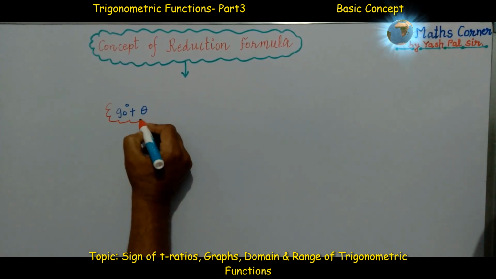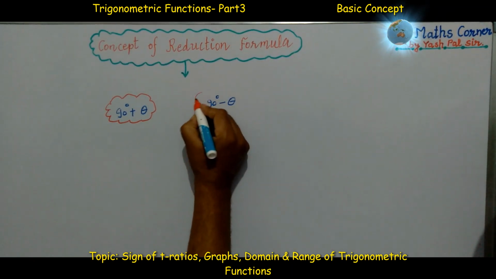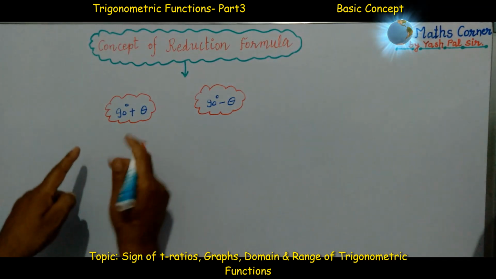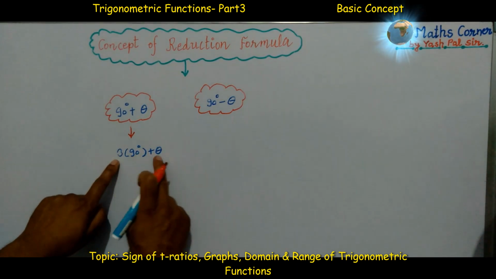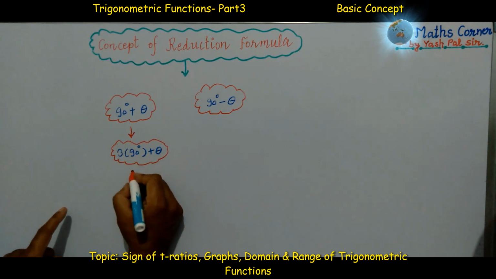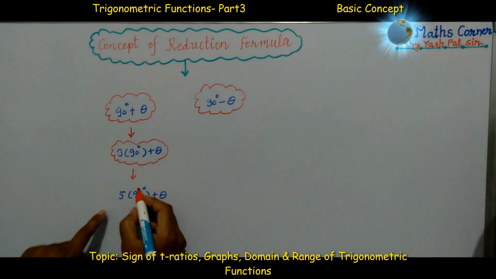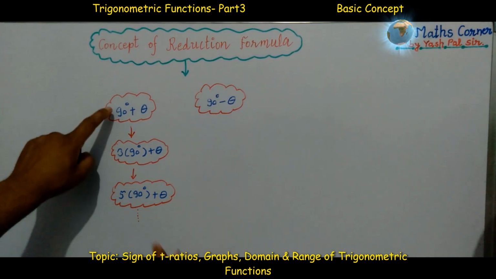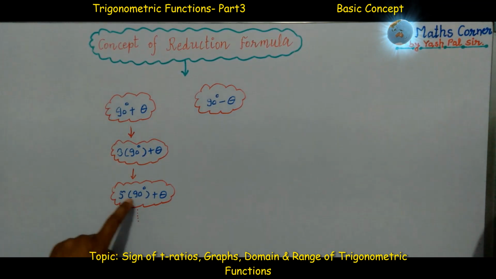theta angle or 90 degree minus theta angle, even if we say here from here 3 into 90 degree plus theta or 5 into 90 degree plus theta and so on, that is what we are saying here. 1 into 90 degree plus theta, 3 into 90 degree plus theta, 5 into 90 degree plus theta.